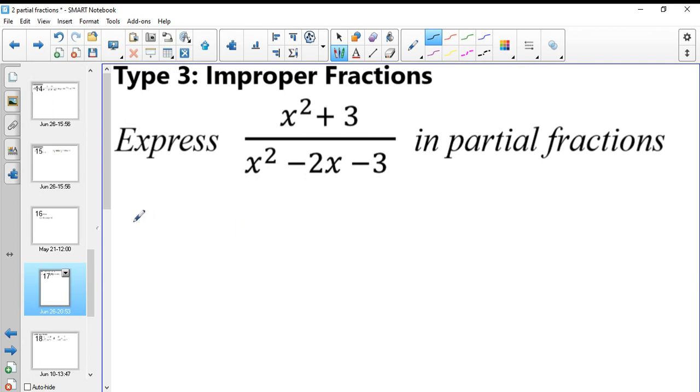So the first thing we're going to do is long division to extract that quotient part.